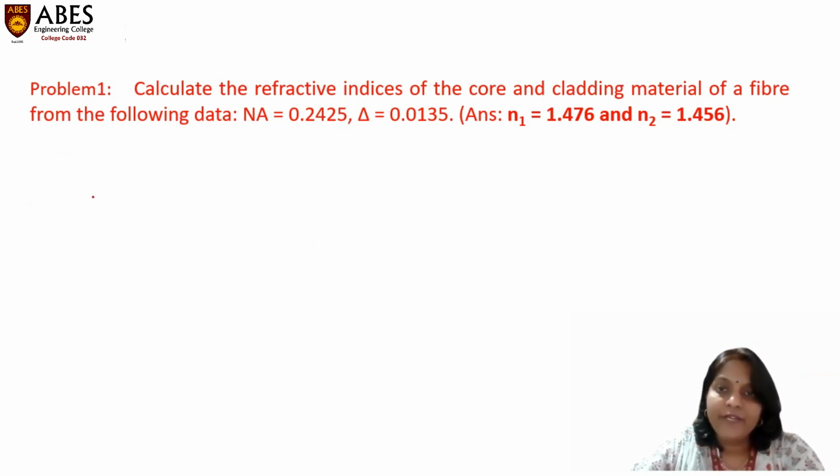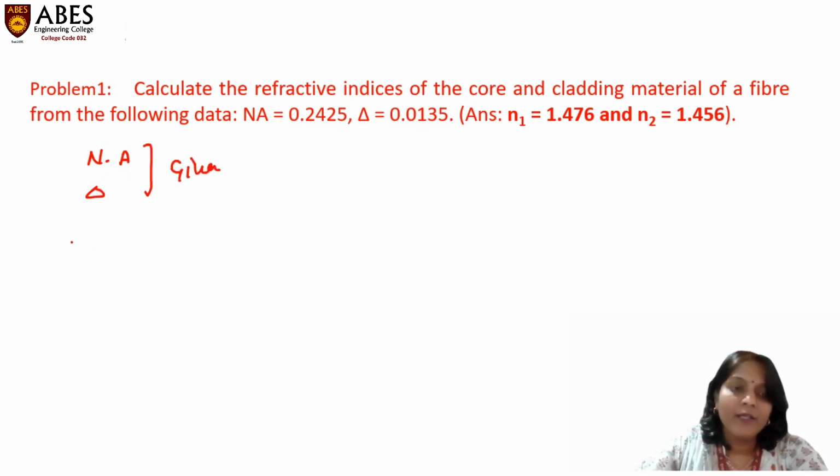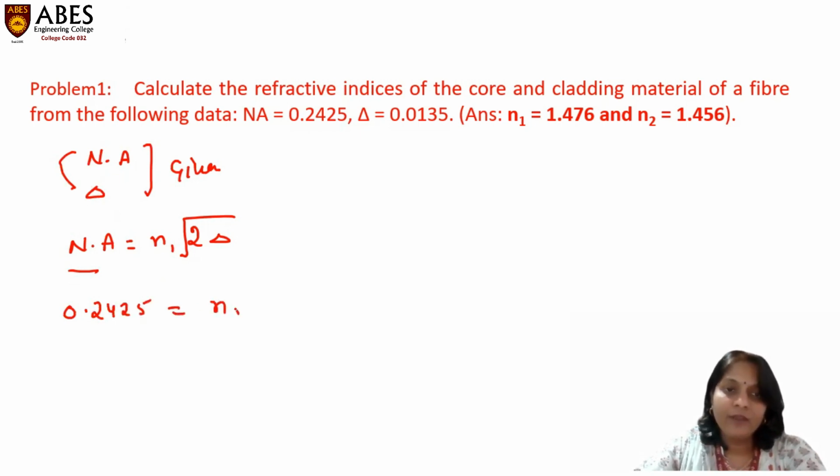Now it is time for some numerical problems. Calculate the relative refractive index of the core and cladding from the following data. The numerical aperture and delta are given. We know the relation between the numerical aperture and delta: it is N1 root 2 delta. The numerical aperture is 0.2425, and 2 delta is 0.0135.